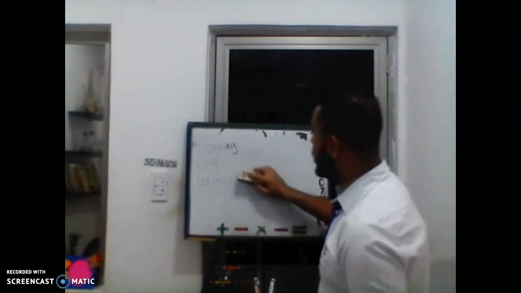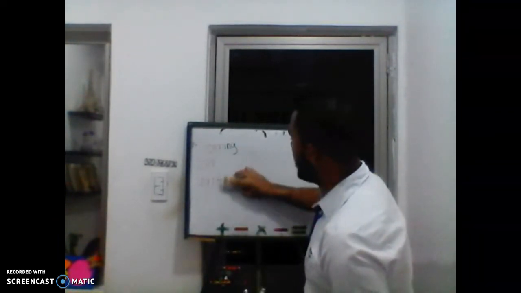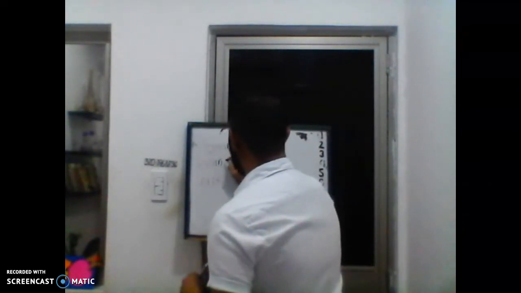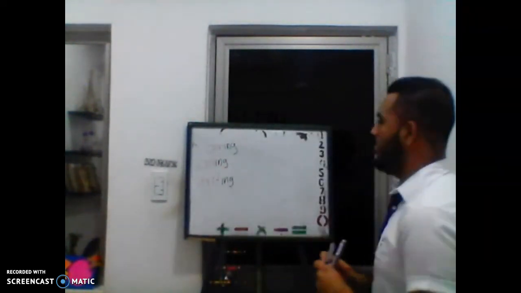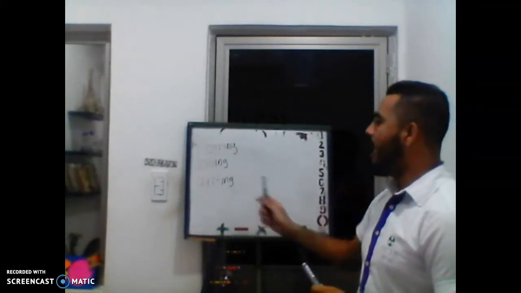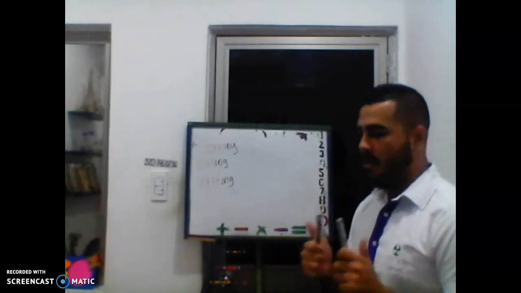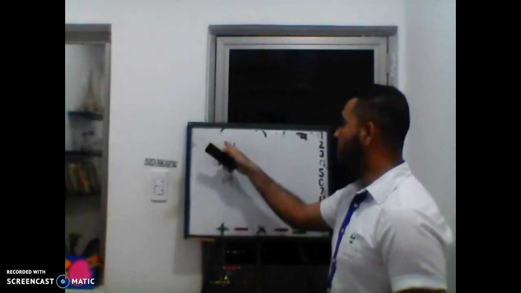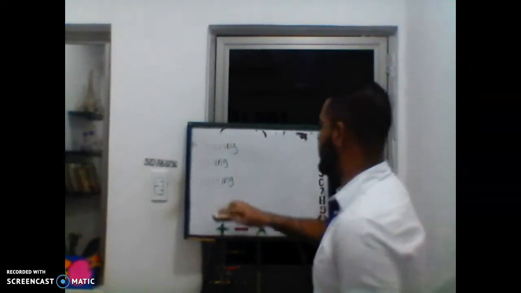We are going to remove E and add ING. Coming, giving, writing. Good? Understand me? Very good. This is a rule: remove the E.